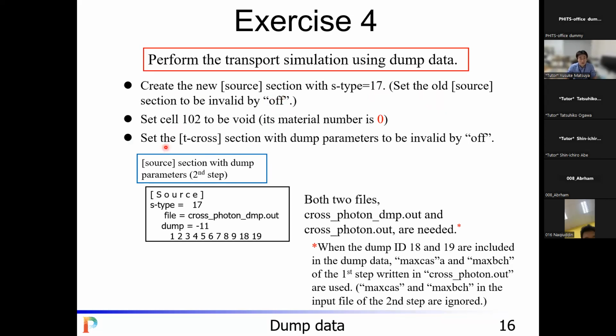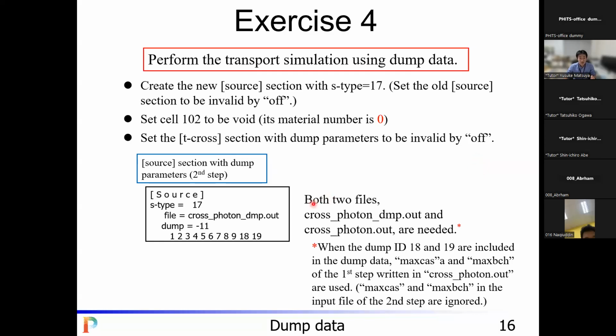And second, please set cell ID number 102 to be void. Its material number is 0 because of the void. Third, please set the T cross tally with dump parameter to be inactivated by off.